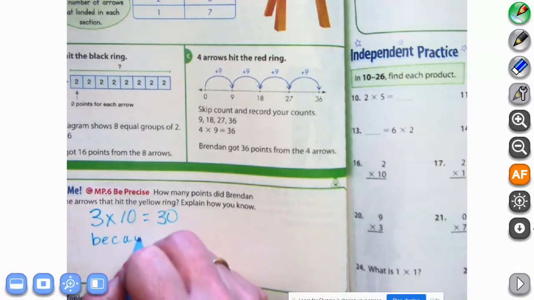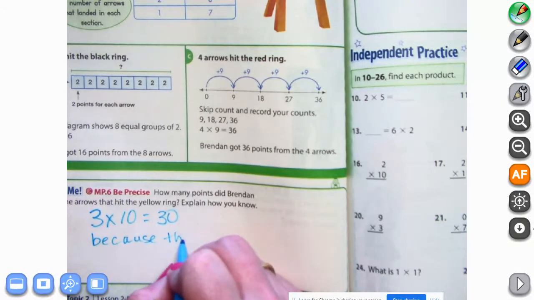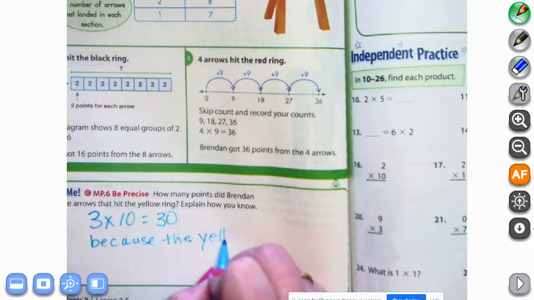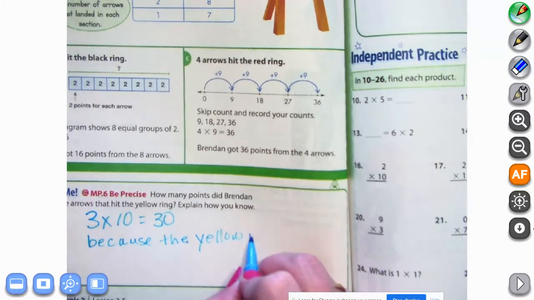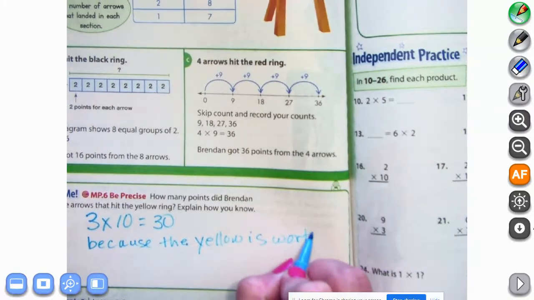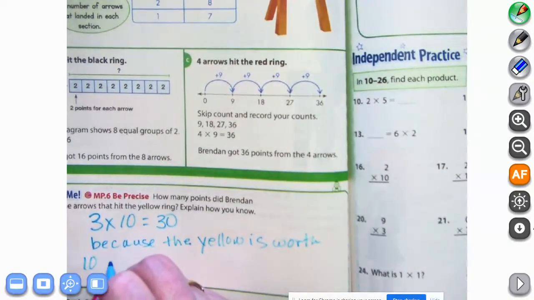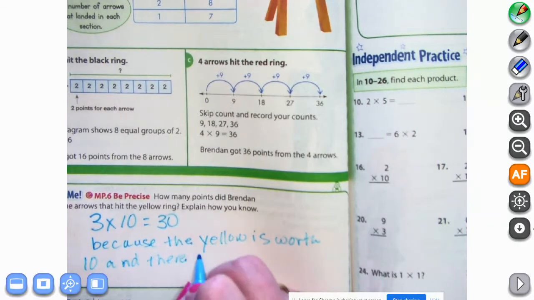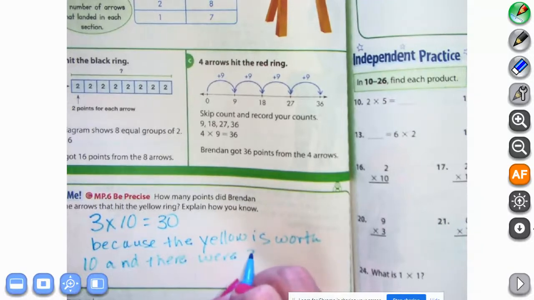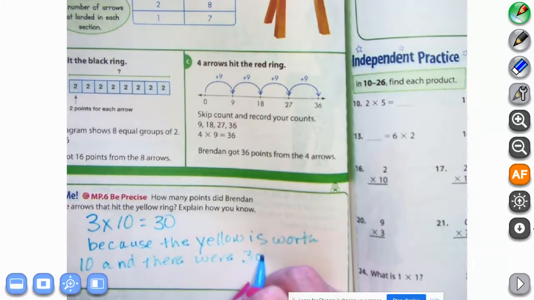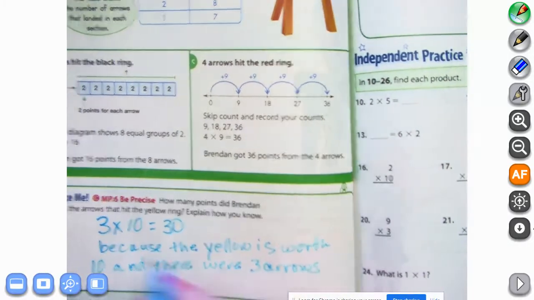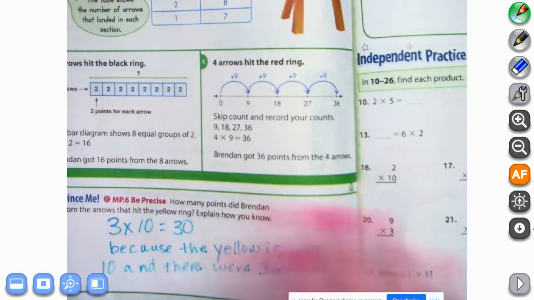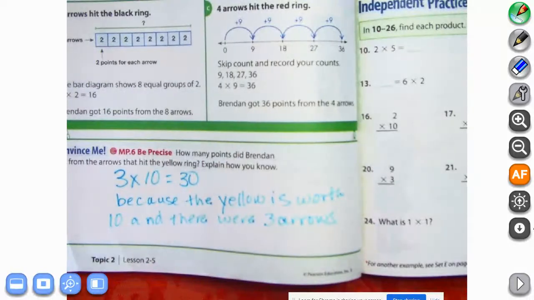Because the yellow is worth 10, and there were 3 arrows. Go ahead and get that copied down into your book.